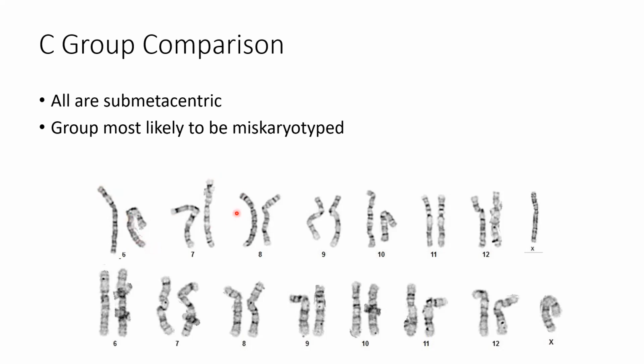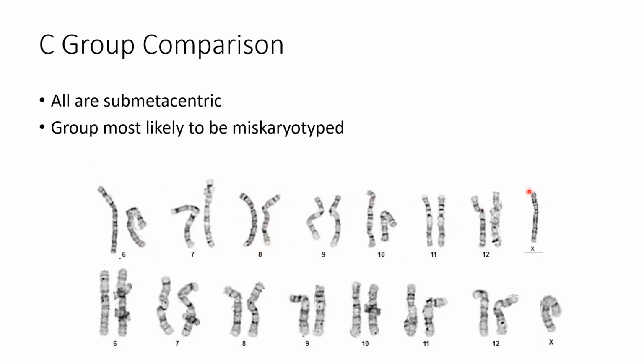Your long arms certainly don't look the same. Here's that dark band at the end of 8P with a gap, and then a lighter area, another large gap, but that's a little bit different from 6. And again, your Q arm is going to be different.